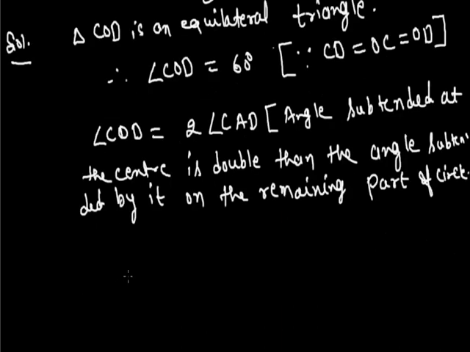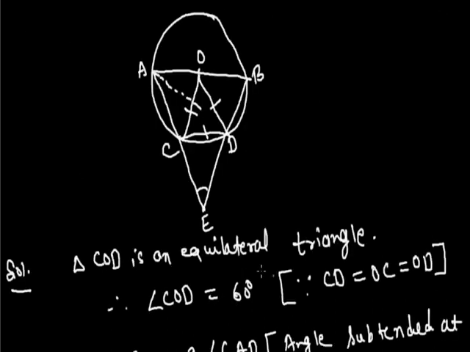Now angle COD is equal to 60 degrees. Therefore twice of angle CAD is equal to 60 degrees. So angle CAD is equal to 30 degrees.